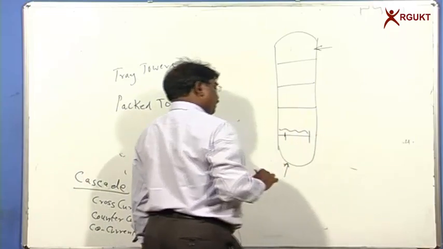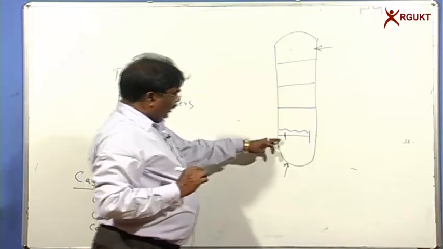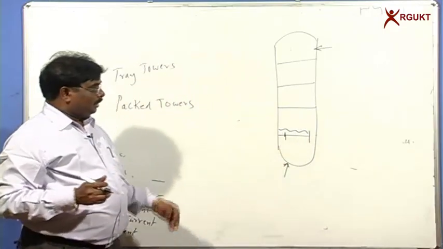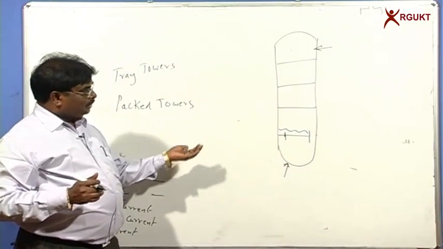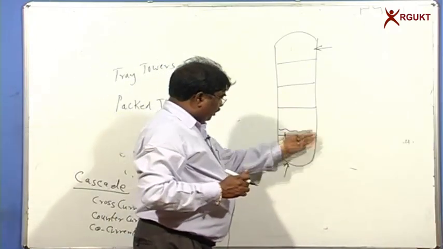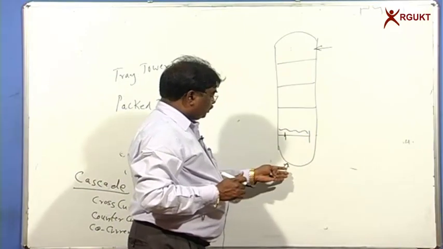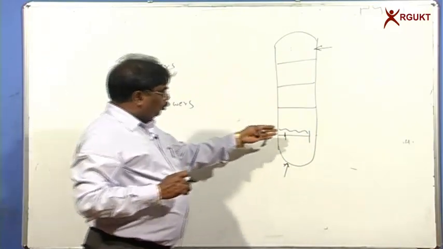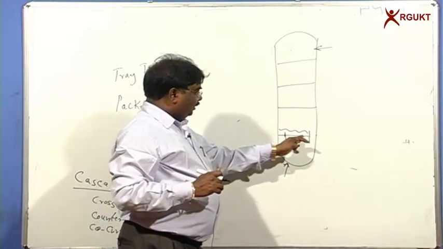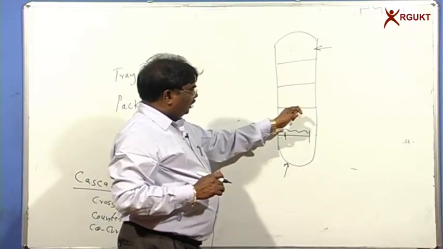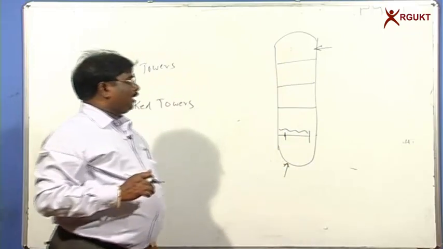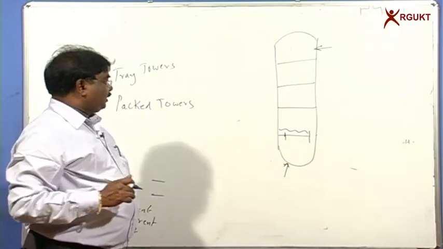This is what we call the liquid hold up. When the gas goes up and the liquid comes down, the mass transfer takes place between the two phases. The liquid comes down because of gravitational forces, and the gas flows up because of buoyancy forces. The two phases are brought into contact on this tray, and the next contact occurs on the next tray, and so on. This is what we call tray towers.